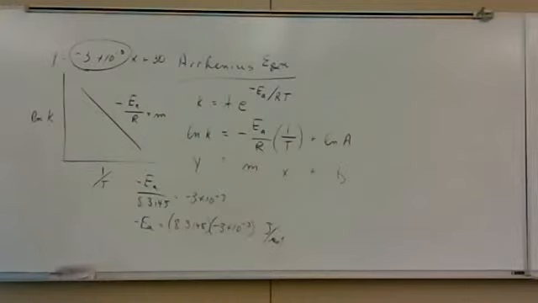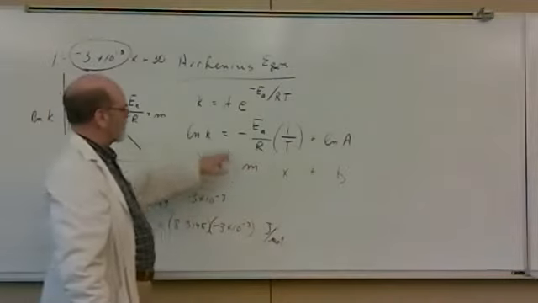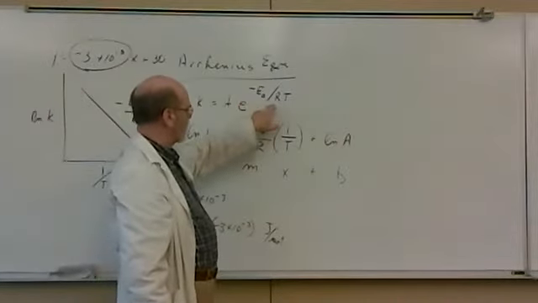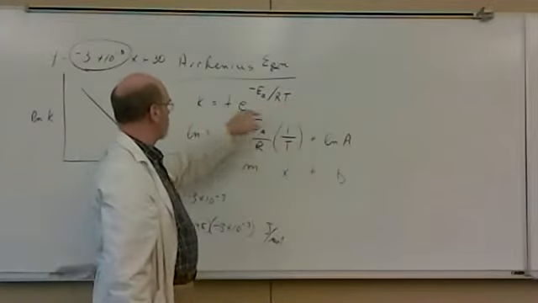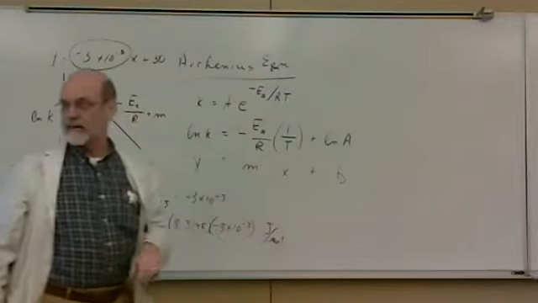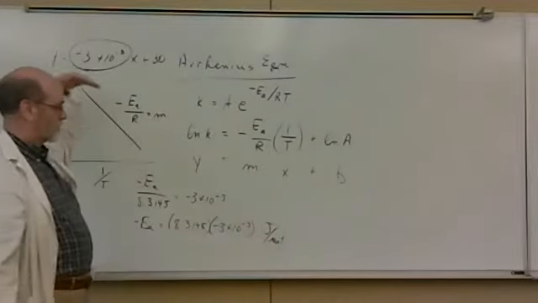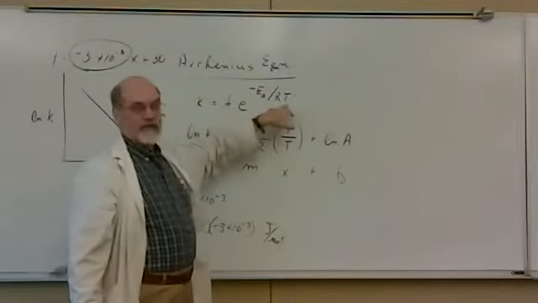And then, of course, once you know what E sub A is, you can plug it in here, plug that in there, whatever temperature you want, and find out what your K is at that temperature. Since it's a straight line, you pick the temperature.